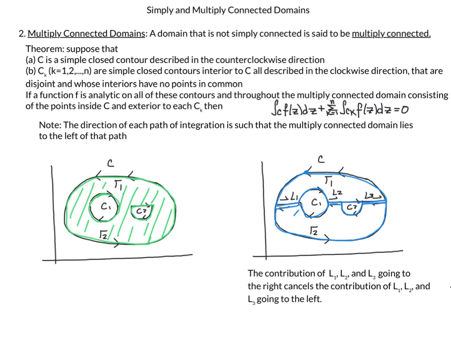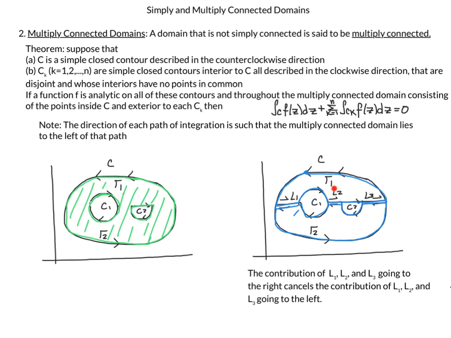So again, over here, for L2, first I went from C1 to C2, but then later I came back and integrated from C2 to C1. So these are the exact same path, the exact same function. The only difference is the direction.